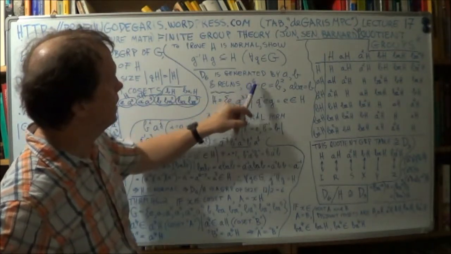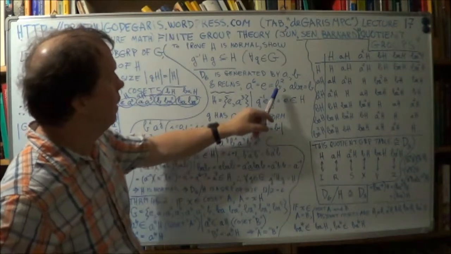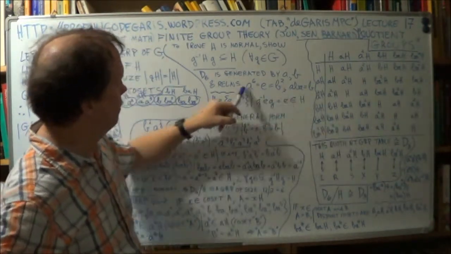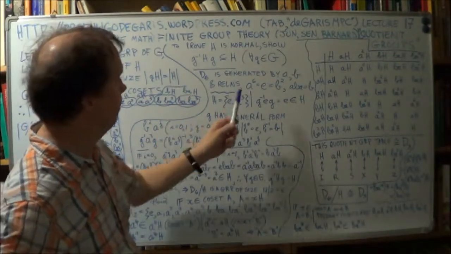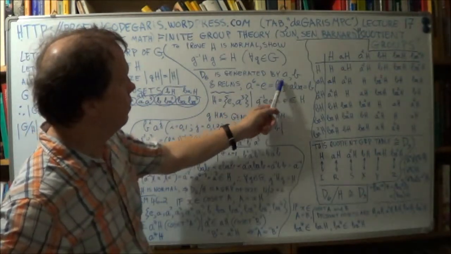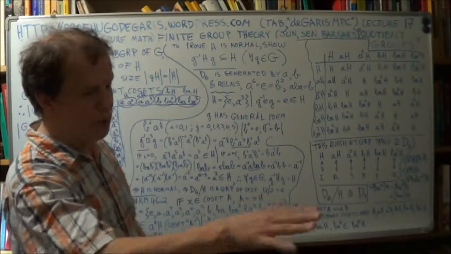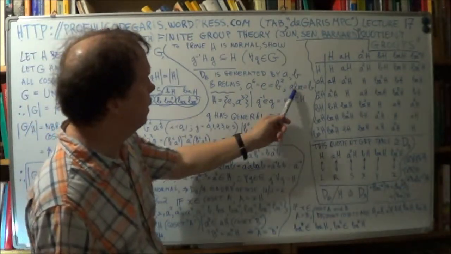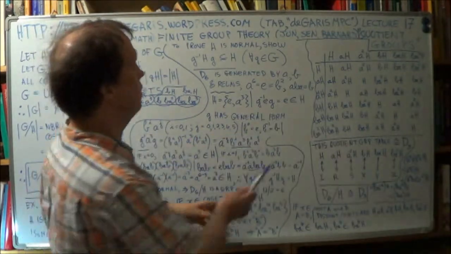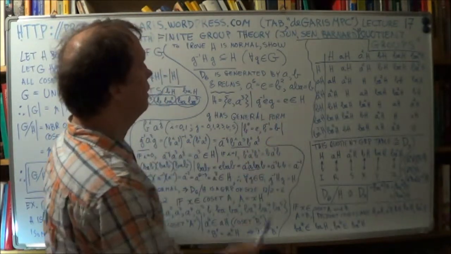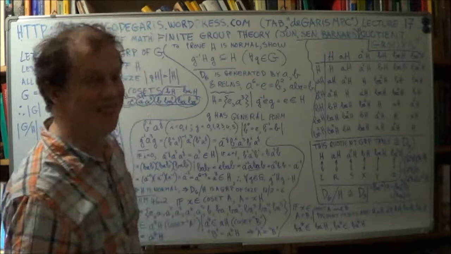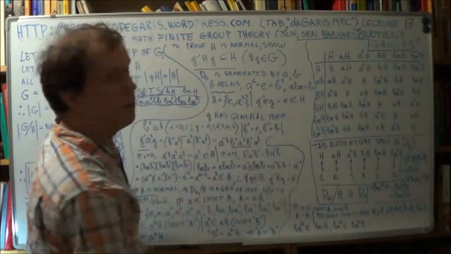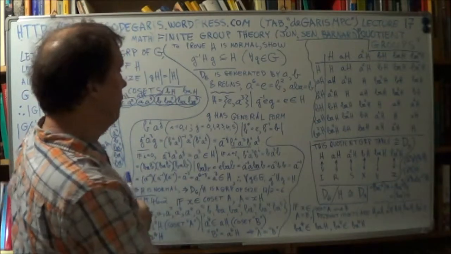So A to the 6th is E. These are the relations of a dihedral group. So A to the 6th is E, B squared is always E. B is just one of the flip operations in dihedral groups. And ABA is B. You've seen this quite a few times now. So they're the relations in the presentation of this group, the description of this group.